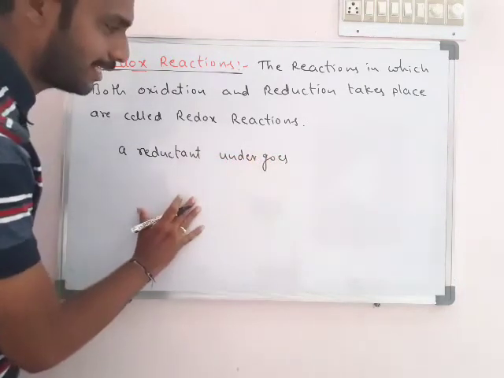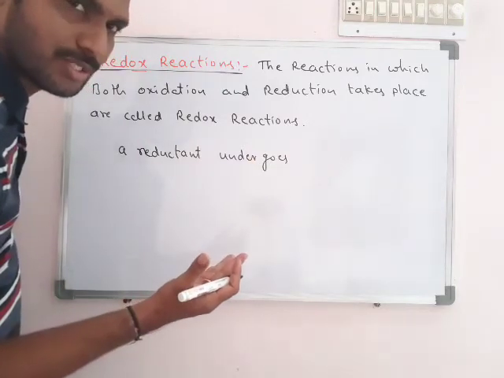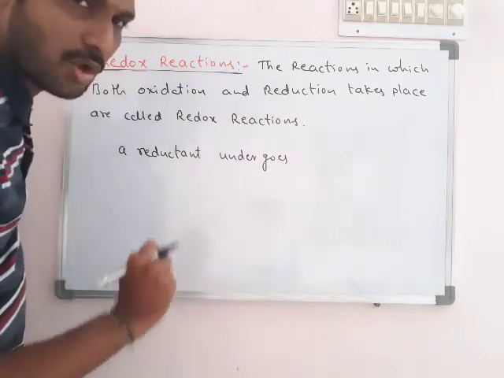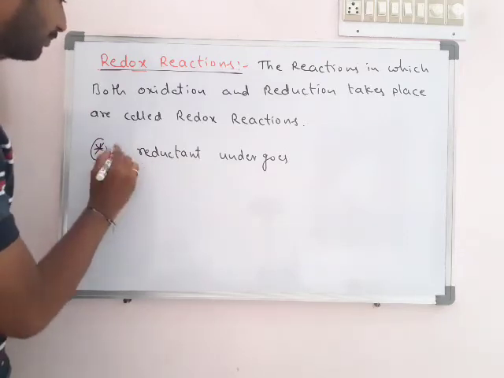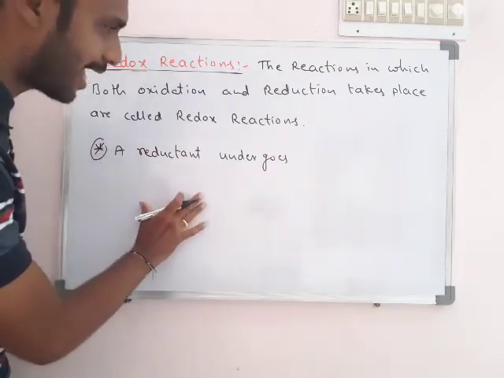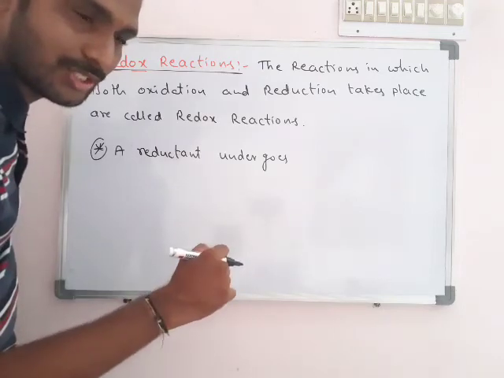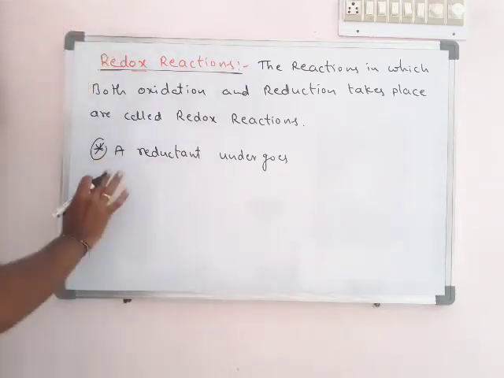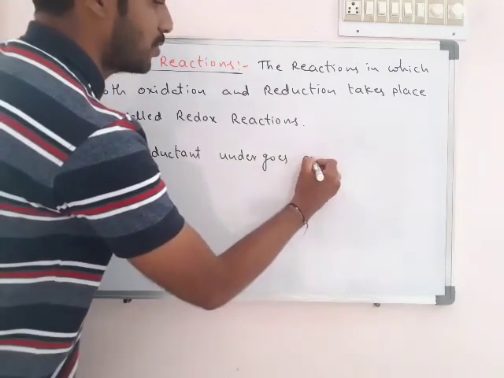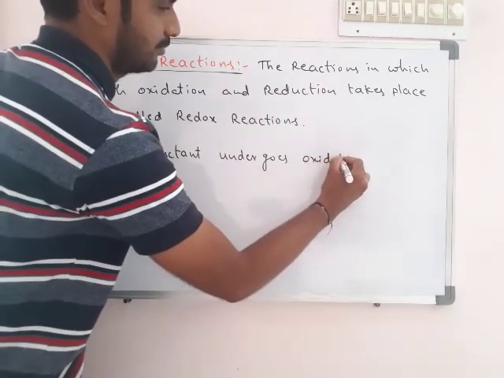So the reductant reduces other compounds, meaning itself it is oxidized. It's a very important thing. A reductant undergoes oxidation. If it oxidizes other compounds, then itself it is reduced.